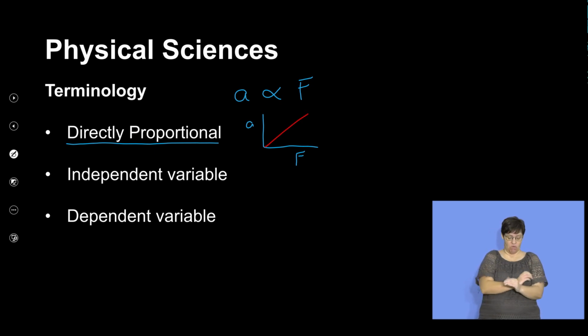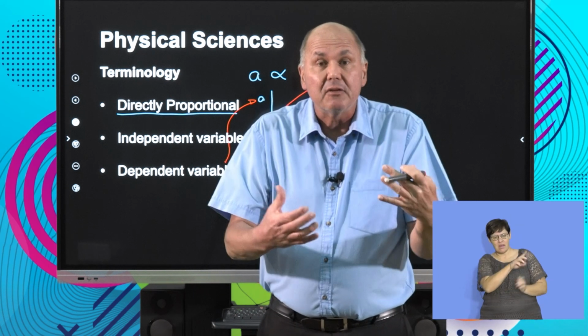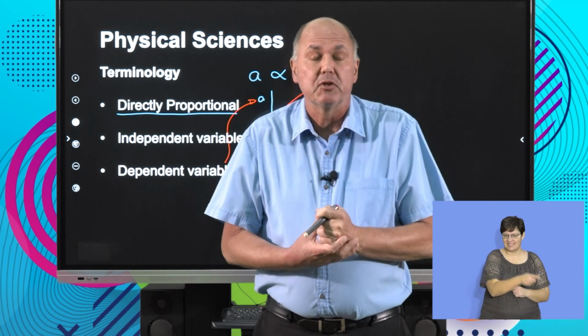The independent variable is the one that you choose to control. It's this force that we're going to be controlling here, and the acceleration A is the dependent variable. It's the outcome, the result of you applying a force to an object.